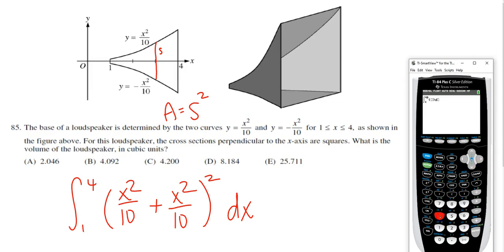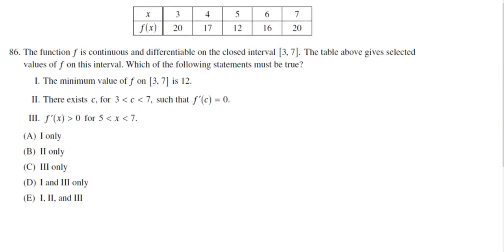So integral from 1 to 4 of, open parentheses, x squared over 10 plus another x squared over 10, close parentheses, square all that, dx, and I'm getting 8.184.